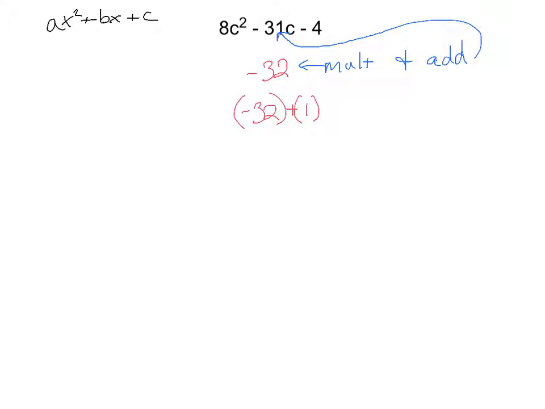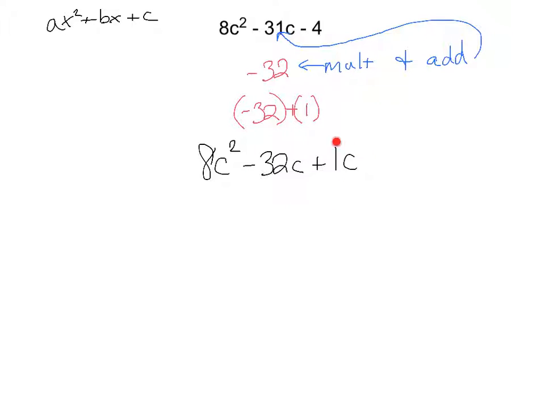Now, once you find the correct numbers, you're going to take this b value here and you're going to separate it into 2 terms. My equation is now going to look like 8c squared, and instead of minus 31c, I'm going to write minus 32c plus 1c.